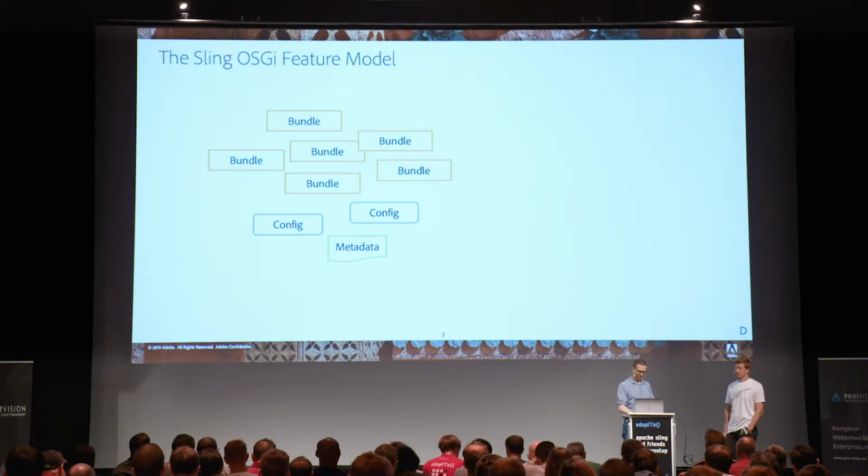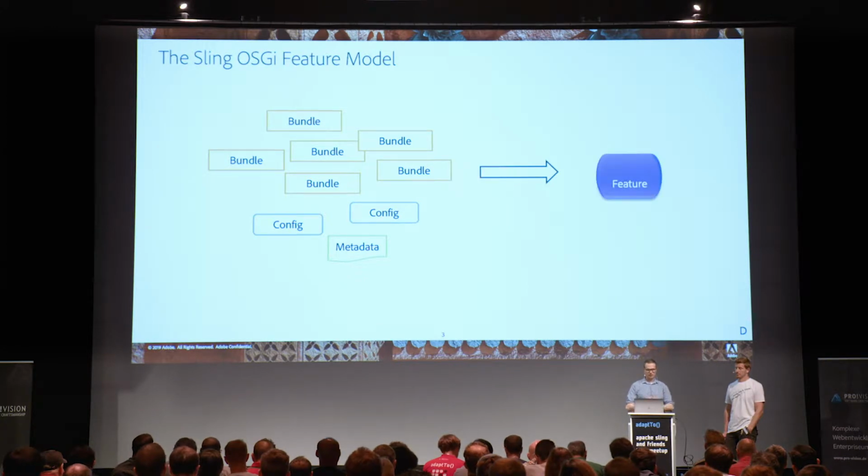Obviously this slide only has like 7 bundles, but in reality OSGi applications can have hundreds of bundles, and it's hard to fully understand what they all do if you have just the bundles, and also if you have separate concepts like configuration and metadata that might sit in separate files. So this is really what the feature model is about.